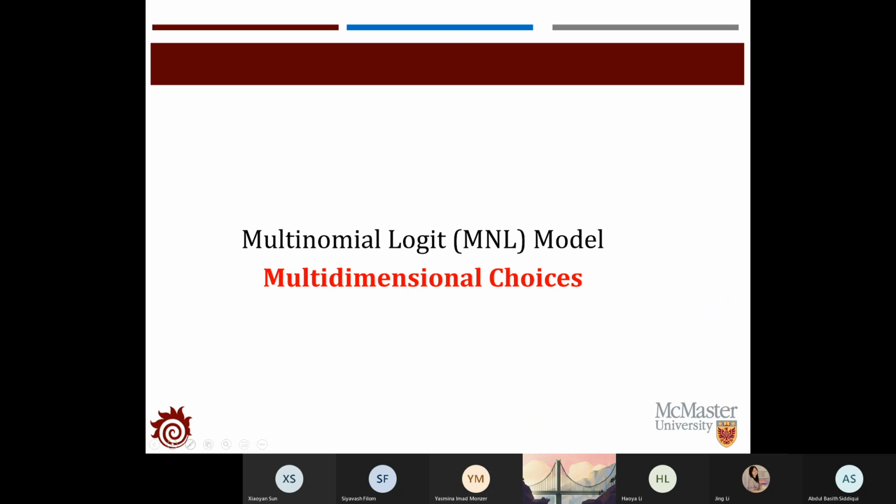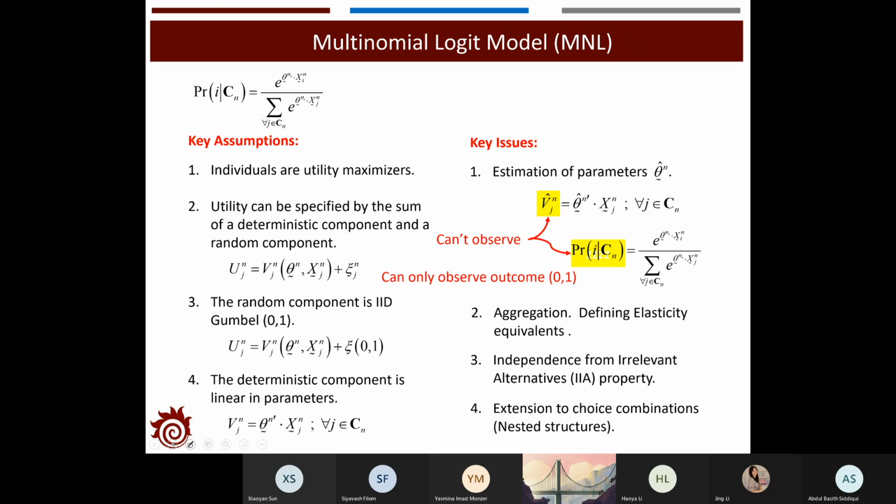Here, this is one kind of extension of the multinomial logit model, where we work on more than one dimension of the modes or alternatives that are not independent of each other, and we call it the nested logit model.